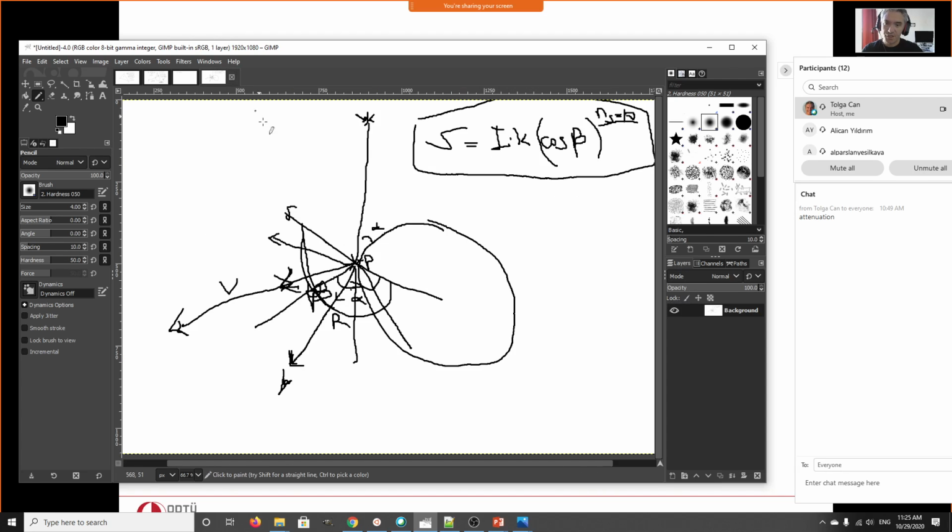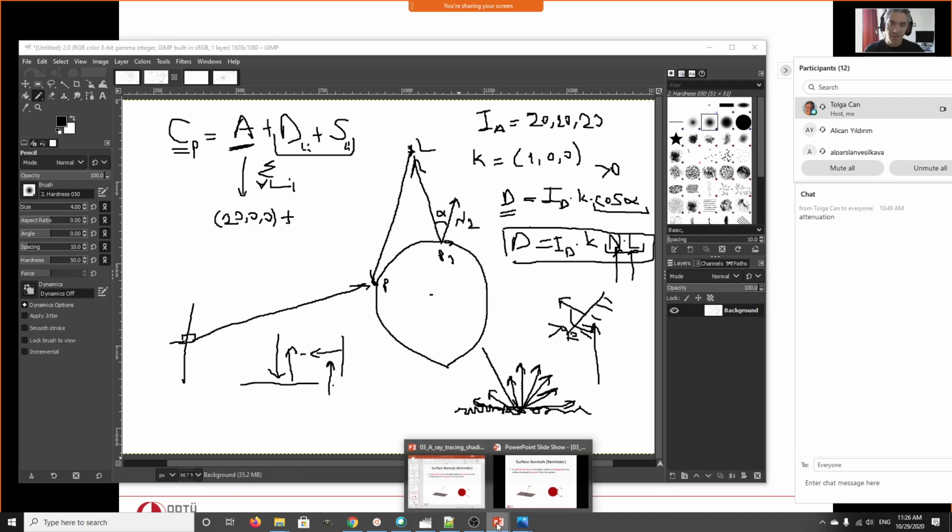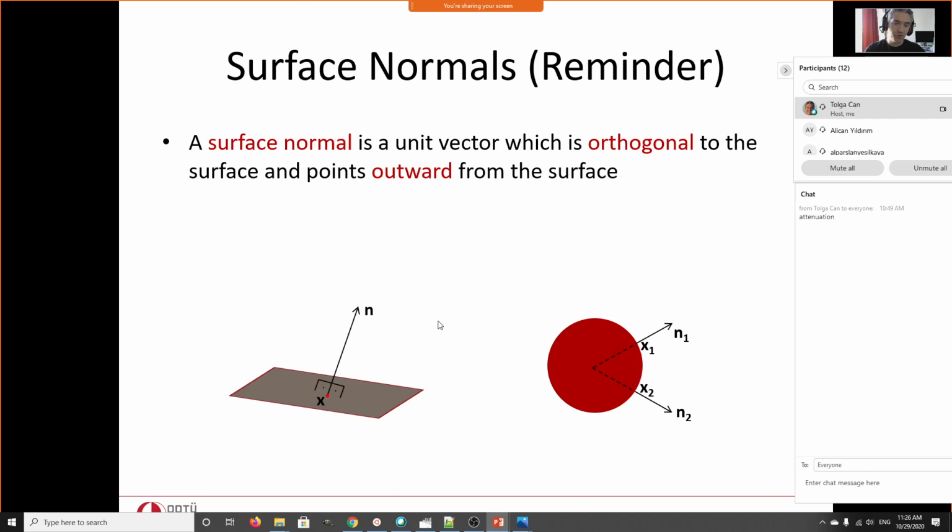We will be using this vector a lot: for the diffuse component, the specular component, and finally for the computation of shadows. We intersect that ray with other objects to see whether light rays are occluded by some other object between the light source and that point. That's how we do the shadows.